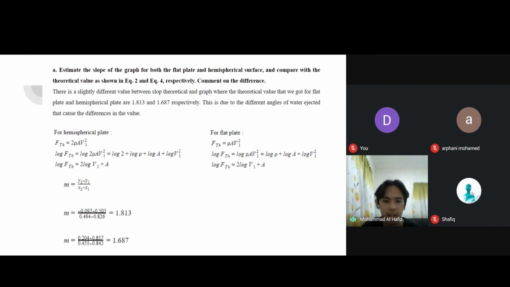There is a slight difference between the slope, theoretical, and graph values, where the theoretical values that we got for the flat plate and hemispherical plate are 1.813 and 1.687 respectively. This is due to the different angle of water ejected that causes the differences in value.